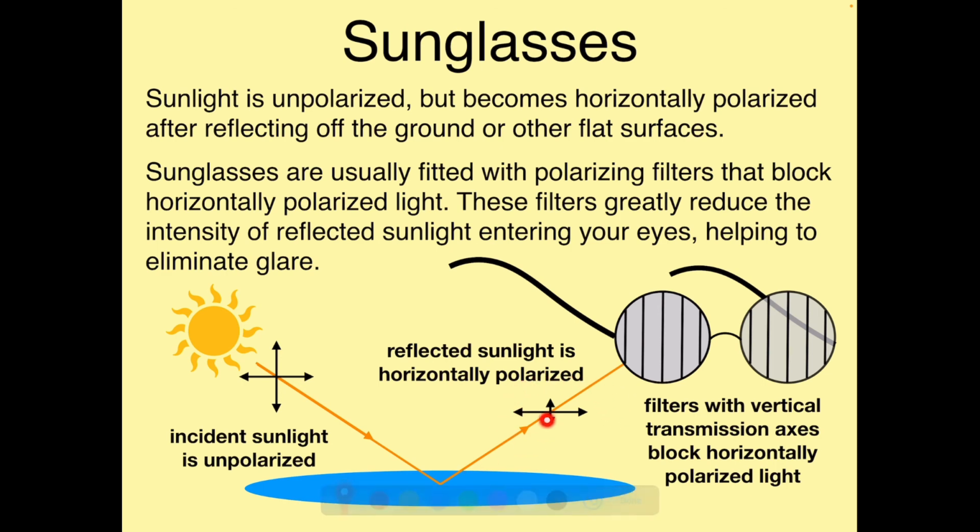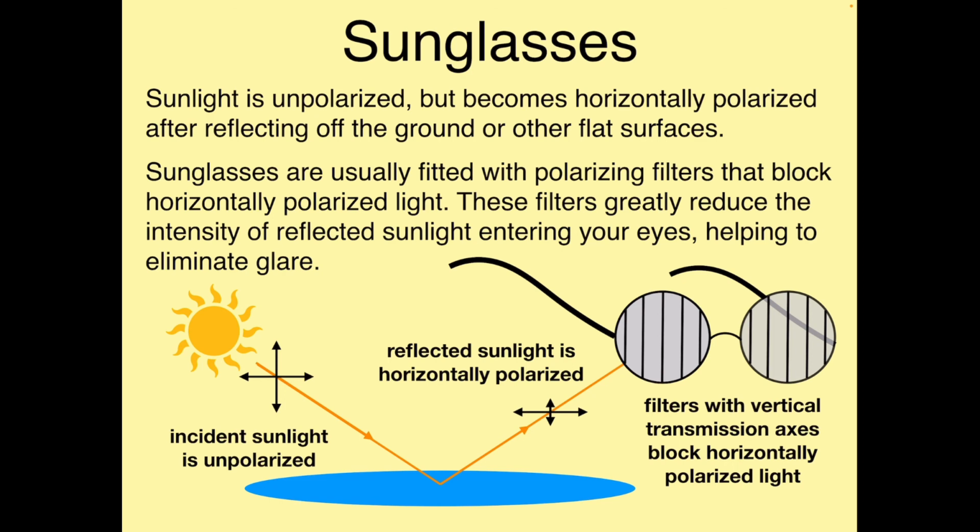So the vast majority of the light that's reflecting off of these flat surfaces is horizontally polarized. So if you have the right kind of filter that blocks out this type of light, then you can greatly reduce the intensity of that reflected sunlight that would be coming into your eyes. And that eliminates glare, that helps you see more easily.